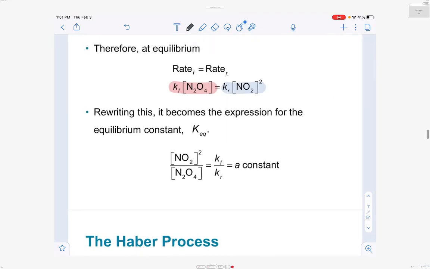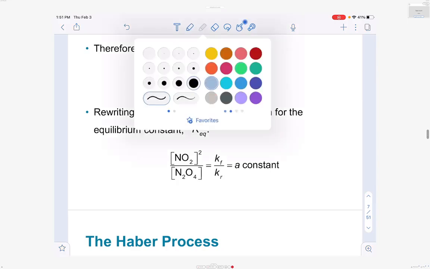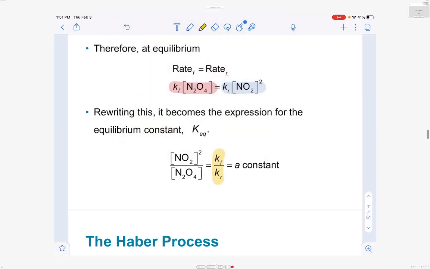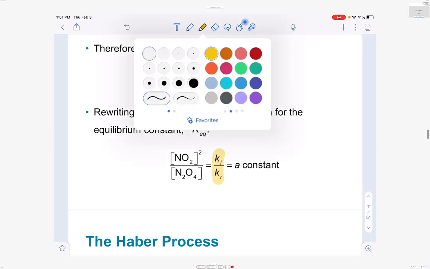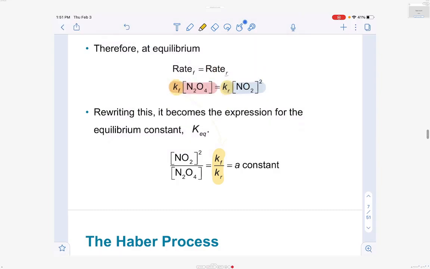If we rearrange this equation so that we have rate constants on one side and the concentrations on the other side, we're putting KF over KR here, and then we're putting these two concentration factors here.